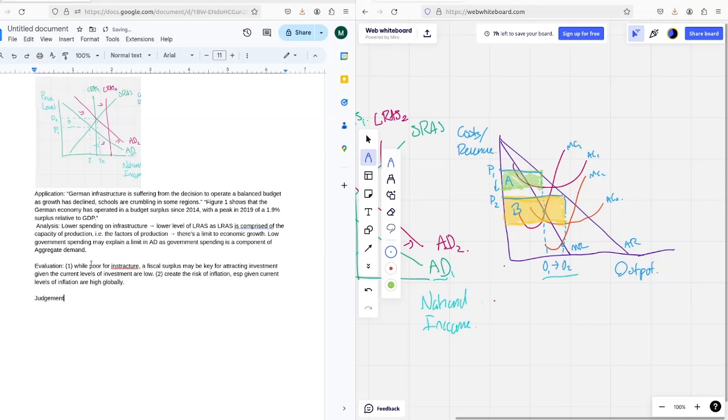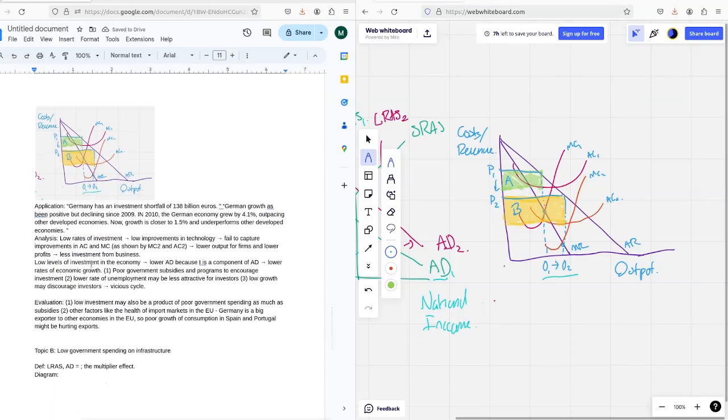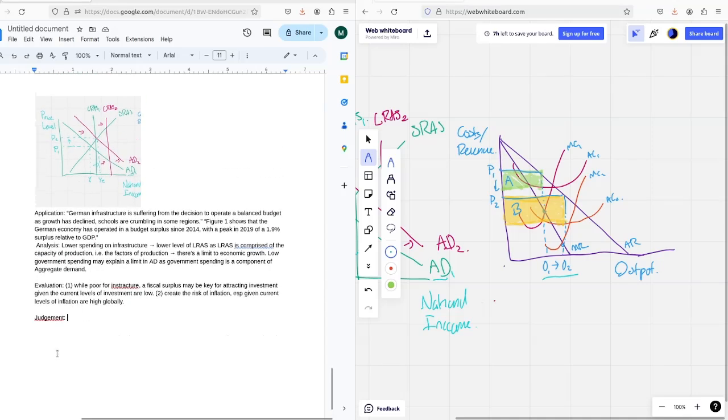In terms of judgment, you want to come down on which of these you think is the more key problem in the economy. So I'm going to say the key issue is a low rate of government spending, which could explain the low rates of growth.